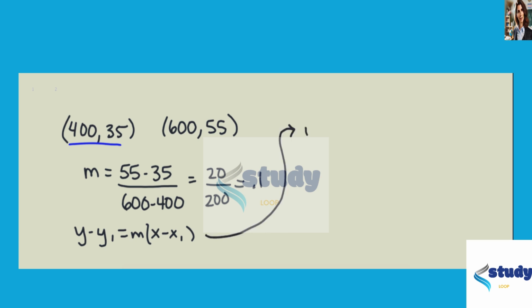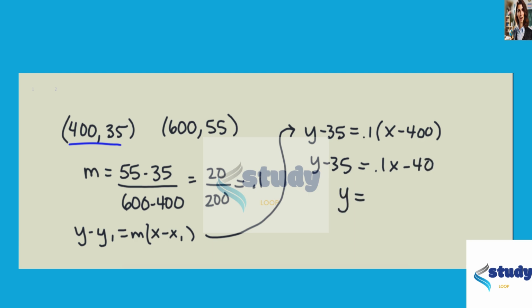That's going to be y minus 35 equals 0.1 times x minus 400. We'll distribute the 0.1, 0.1x minus 40, and then we'll add 35 to both sides. y equals 0.1x minus 5.